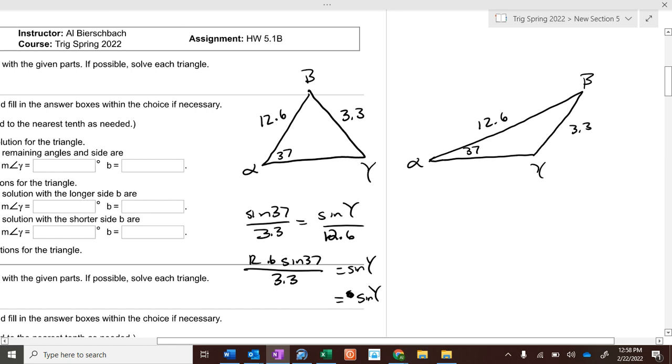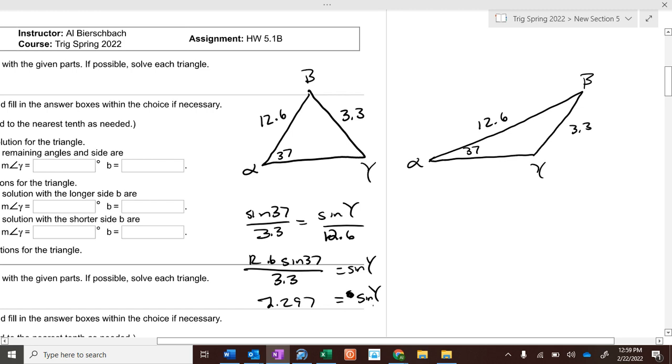Somebody, calculator. 12.6 times the sine of 37, press equals, divided by 3.3, press equals, and you get 0 point something? 0.823 what? 2.297.